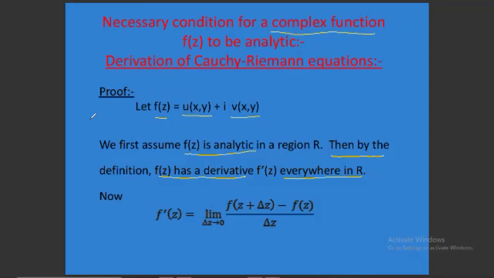Now f dash of z is equal to the limit as del z tends to 0 of f of z plus del z minus f of z, divided by del z.